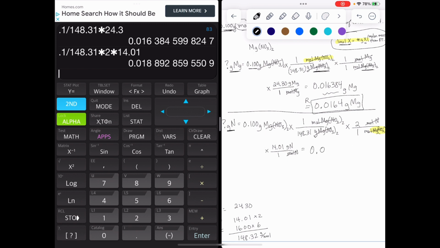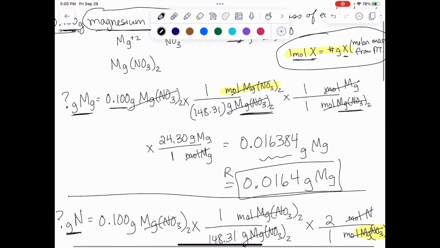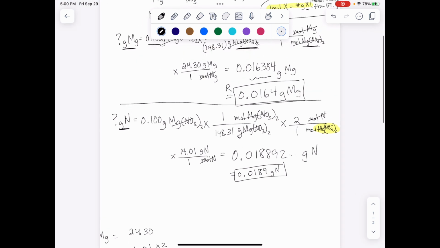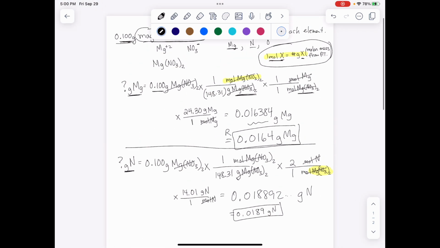That gives me 0.018892 grams of nitrogen. If I round that to 3 significant figures, 0.0189 grams of nitrogen.